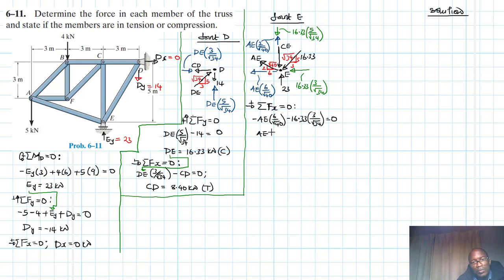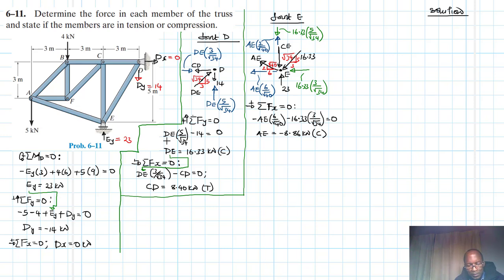Therefore, my AE is just going to be equal to minus 16.33 by 3 divided by root of 34, and then divided by 6 divided by root of 40. So this gives me a minus 8.86 kilonewtons, and the assumed direction for AE is not correct, therefore this is in compression, right?